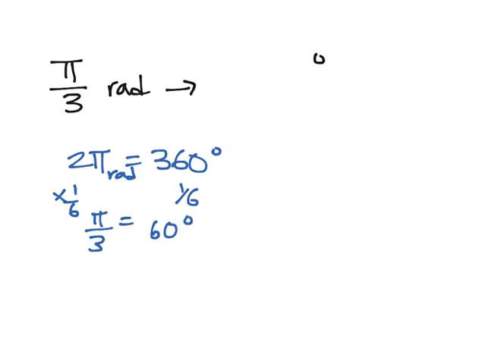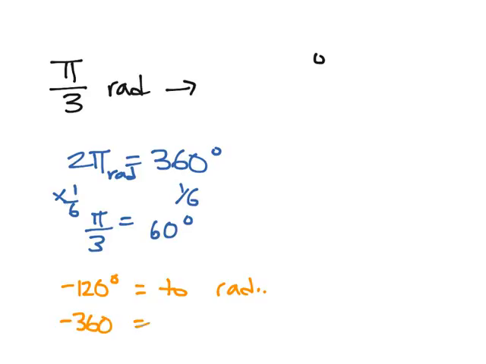Now, let's try converting negative 120 degrees to radians. Try that now. Now we'll go over it. If angle in degrees is equal to 180 over pi times angle in radians, we can rearrange this a bit to get angle in degrees times pi over 180 is equal to angle in radians.